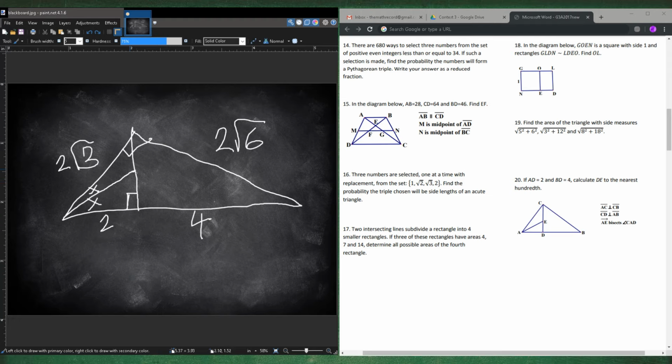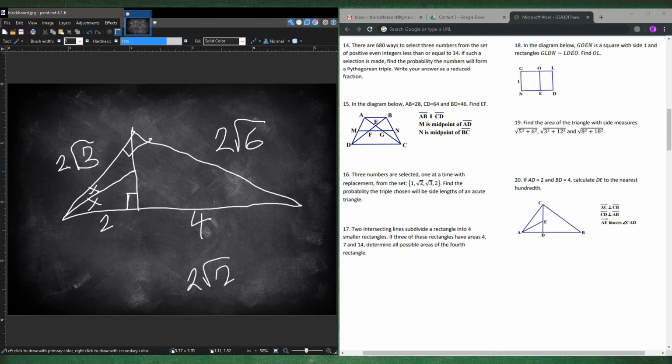Now we just need to find the side length of the height. So it's a right triangle: 2 squared plus, let's call the height H. H squared is equal to the hypotenuse squared, 2 square root 3 squared, which is 12, minus 4, which is 8. So H is equal to the square root of 8, which is 2 square root 2.